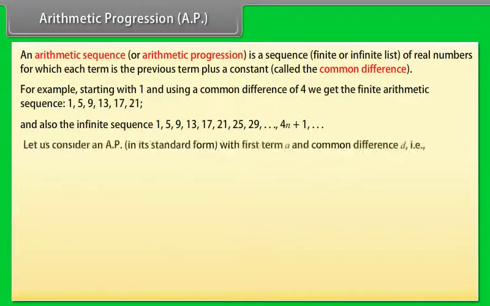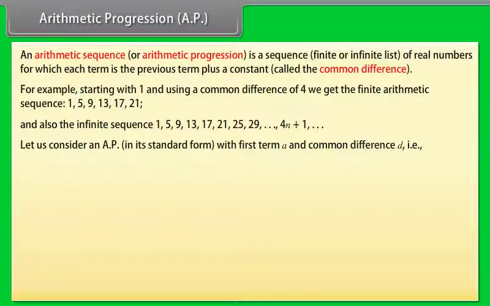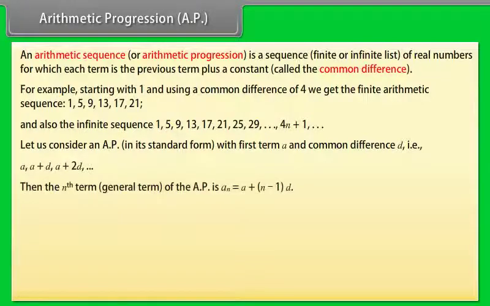Let us consider an AP in its standard form with first term a and common difference d, that is a, a + d, a + 2d, and so on. Then the nth term, that is the general term of the AP, is an = a + (n - 1)d.